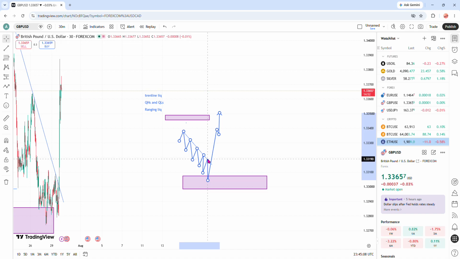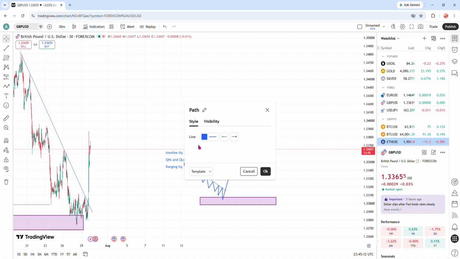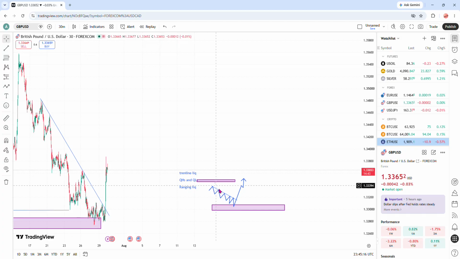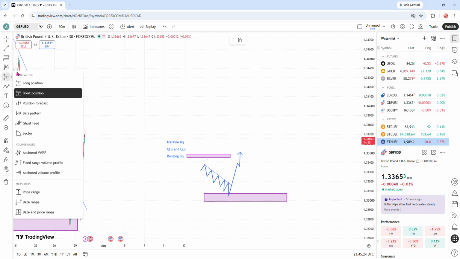It must have at least two touches. The more the touches, the stronger the trend line. So basically you have this trend line already. What are you expecting? The market to come out here, take out this trend line liquidity before changing direction or before continuing your initial direction.